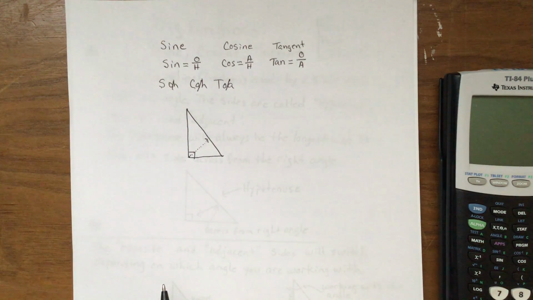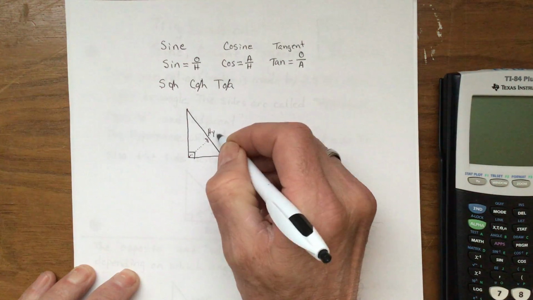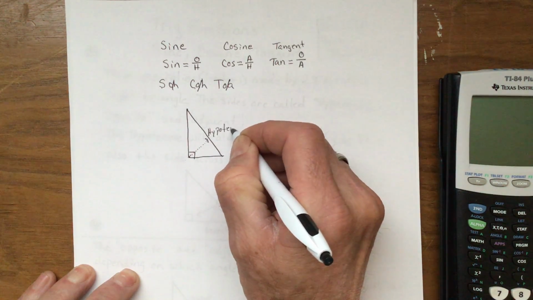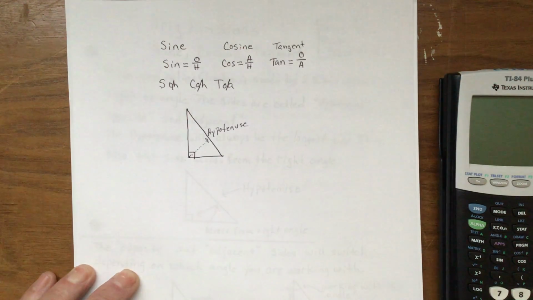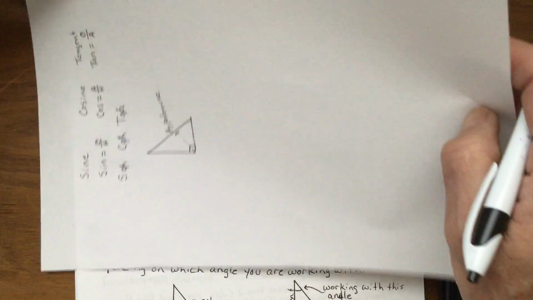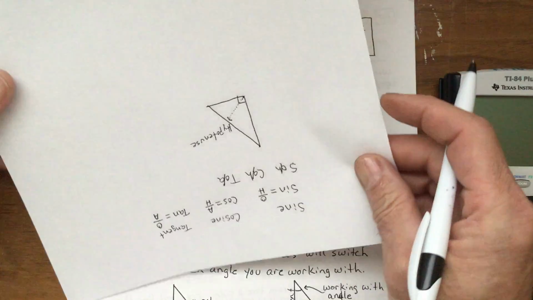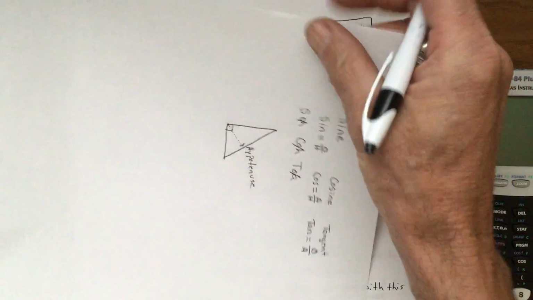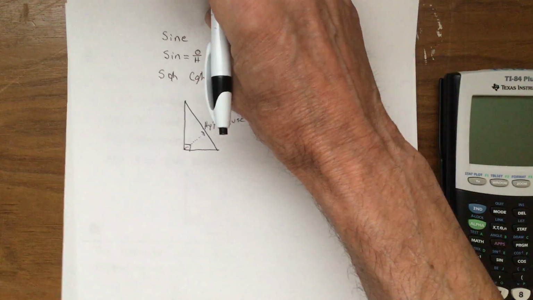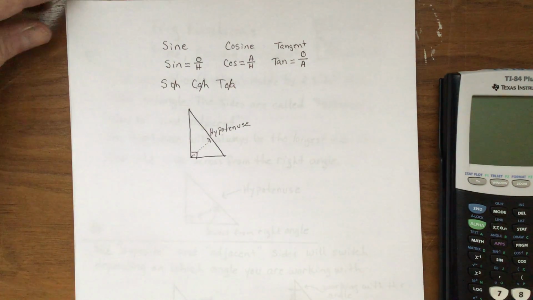It's the largest angle, so it makes the largest side, and the largest side is called the hypotenuse. No matter which way you turn this triangle, it doesn't change which side of that triangle is the hypotenuse. The longest side is the hypotenuse.